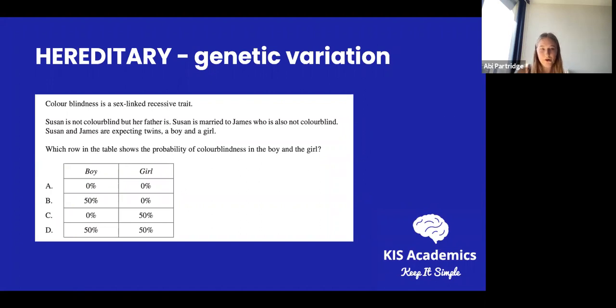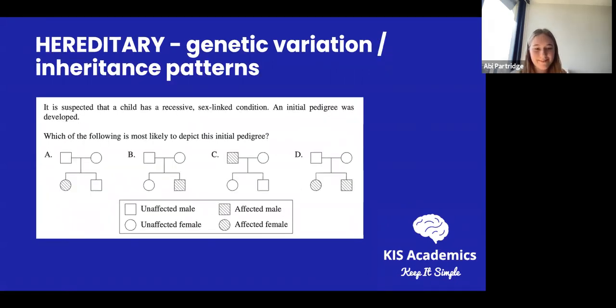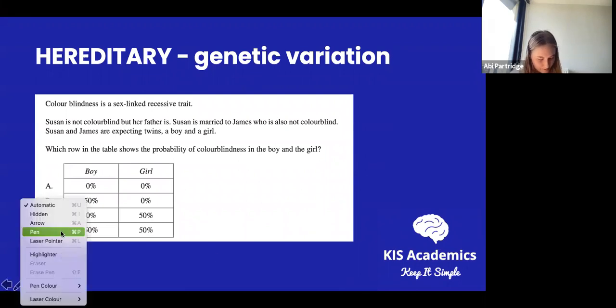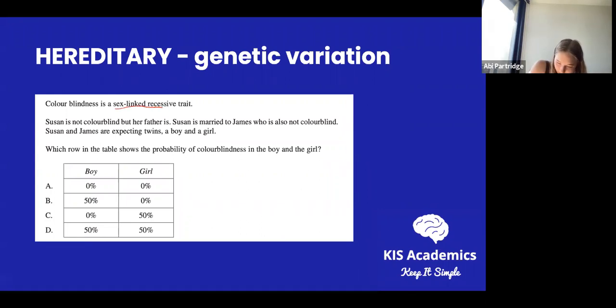So just to start off with though, we need to figure out what the genotypes are of each of the different people. So it says Susan is not colorblind, but her father is. And it's told us that it's a sex-linked recessive trait. If we just use the letter B, so if it's recessive, it means that the affected allele is going to be lowercase.